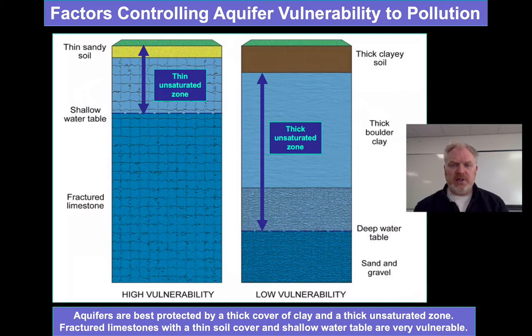Areas with lower vulnerability have an impermeable protection on top of it, the confined aquifer, maybe where the water table is a bit deeper as well. They're going to be much less vulnerable to contamination.